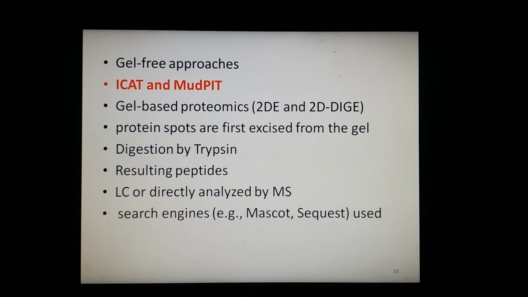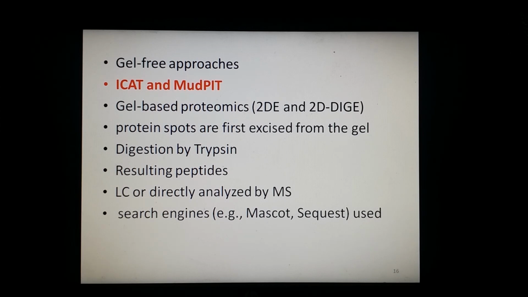In gel-free approaches such as ICAT and MudPIT, that is multidimensional protein identification technology, samples are directly analyzed by mass spectrometry, whereas in gel-based proteomics, that is 2DE and 2D-DIGE, the protein spots are first excised from the gel and then digested with trypsin.